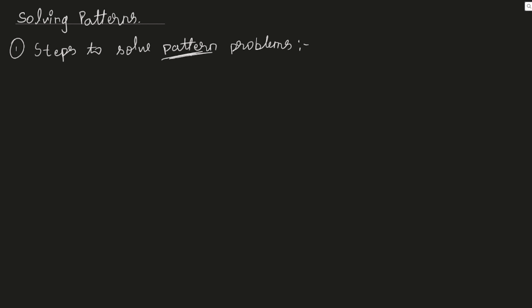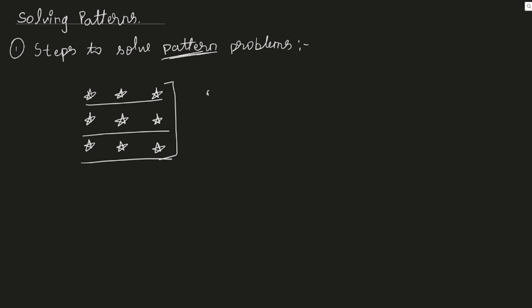Most pattern problems will have a nested loop, wherein the outer loop represents the rows and the inner loop represents the columns. Let me just show you that with a simple example. So this is the very basic pattern. These are all represented by the outer loop, that is rows.